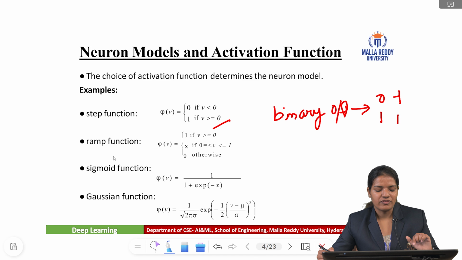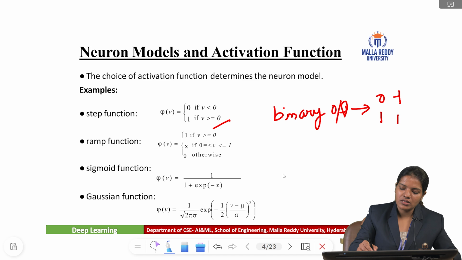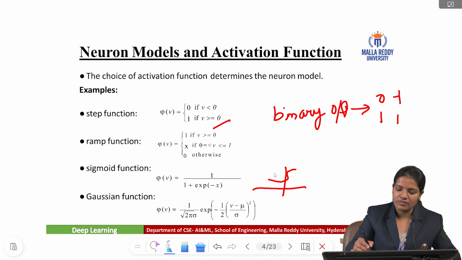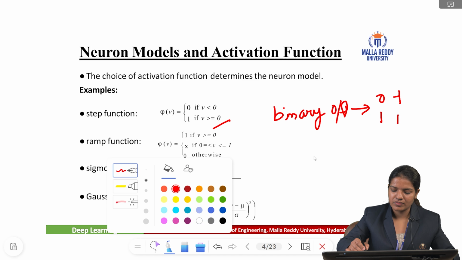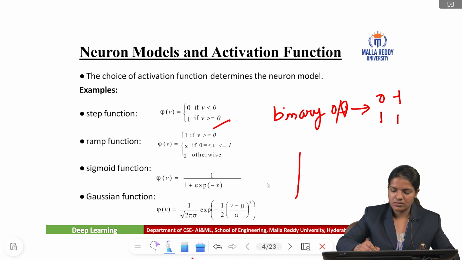In the sigmoid activation function, the function will look like this, and it will select the output.